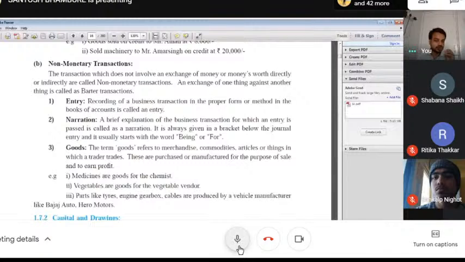Otherwise, you give 10 rupees to your friend. Otherwise, you paid 10 rupees to a shopkeeper.